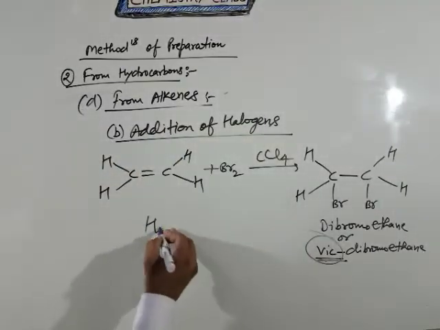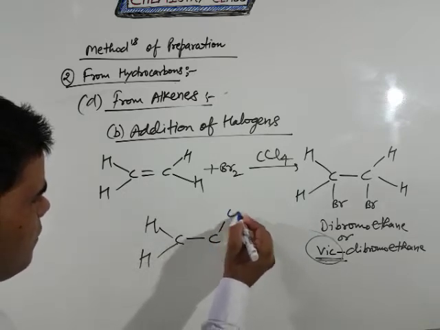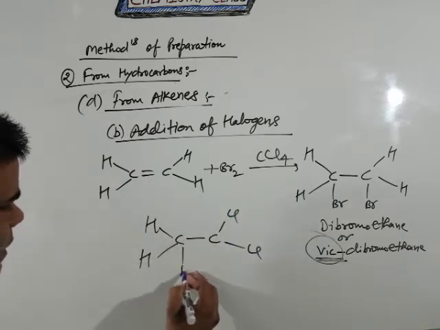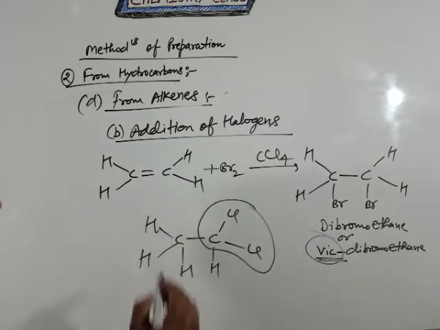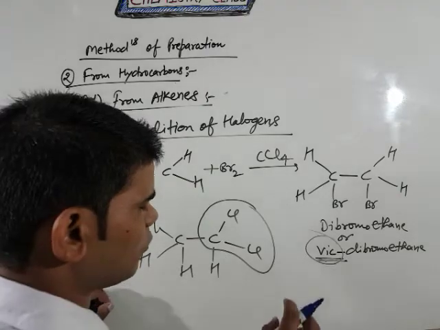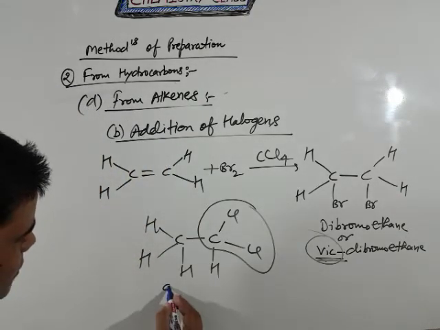If the structure is like this, with a double bond, C single bond Cl and single bond Cl, and H and single bond H, so if only one corner carbon atom has the two Cl atoms, you can say two halogen atoms, this is known as geminal.